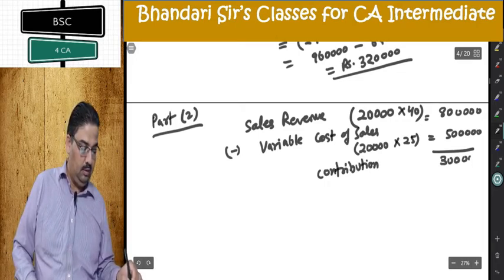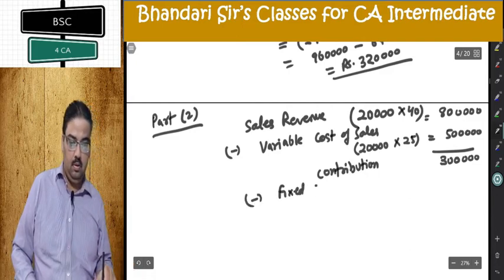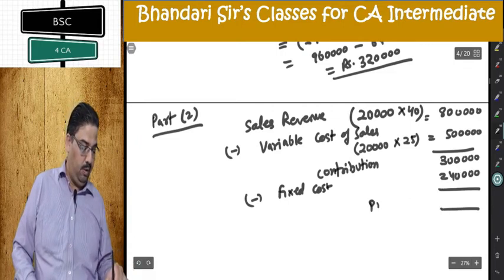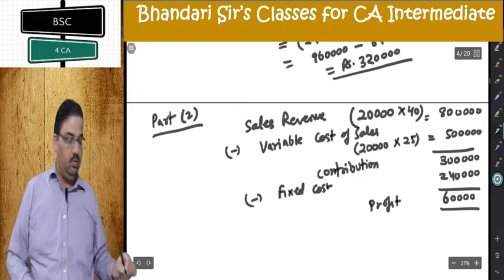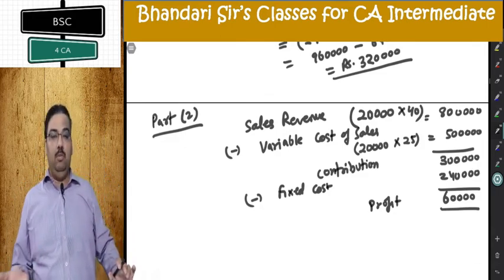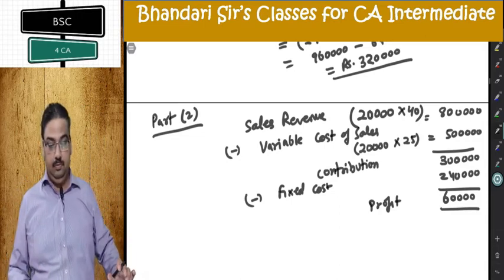Contribution 3 lakh. Fixed cost 2,40,000. Profit I will get is 60,000. So very simple computation. This part is of 2 marks, they are free 2 marks.